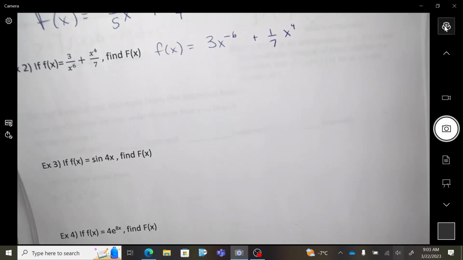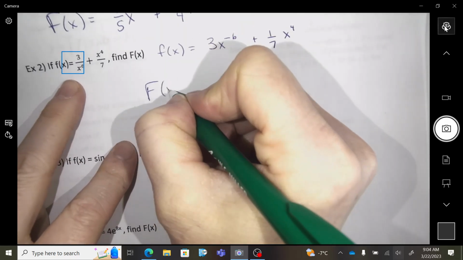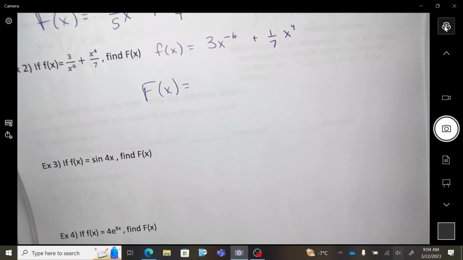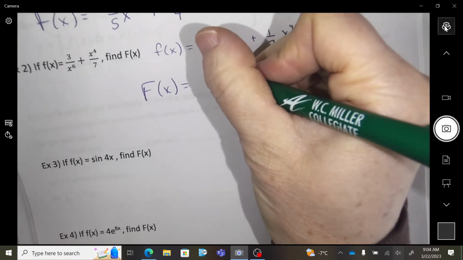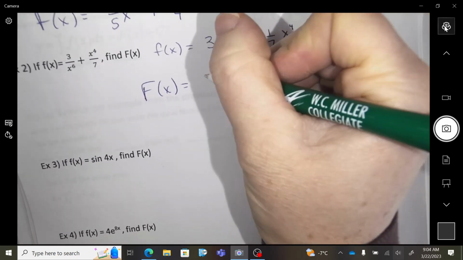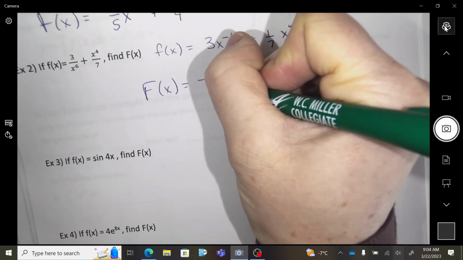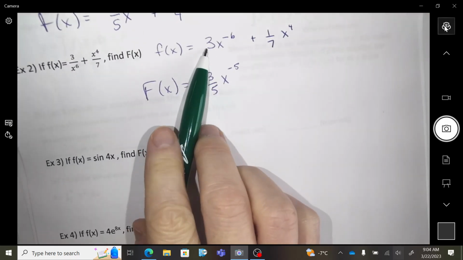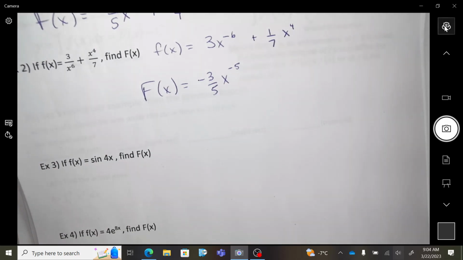I'm just rewriting it to look better. Okay, so let's antiderive it. What's up a degree from negative 6? Negative 5. And then I'd have to take 3 divided by negative 5.